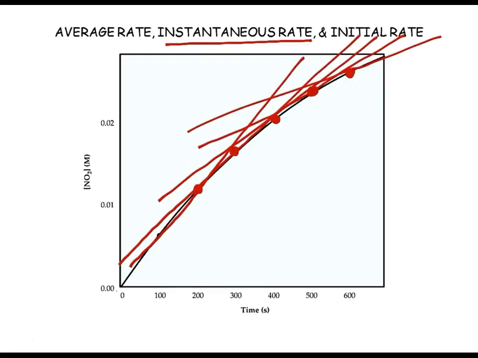So the point of this is that the slope of my tangent line is changing as the reaction proceeds. It seems pretty clear, and let me know if this isn't clear to you, that the slope decreases as a function of time, which means that the instantaneous rate decreases over time. As the reaction proceeds, the rate goes down.